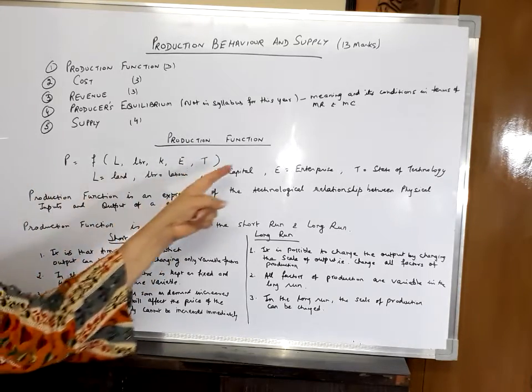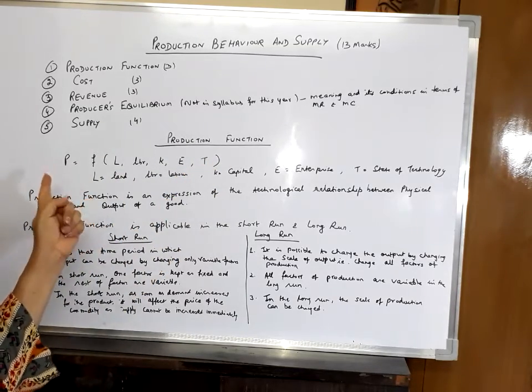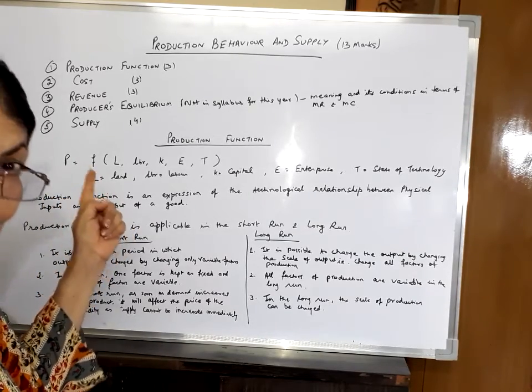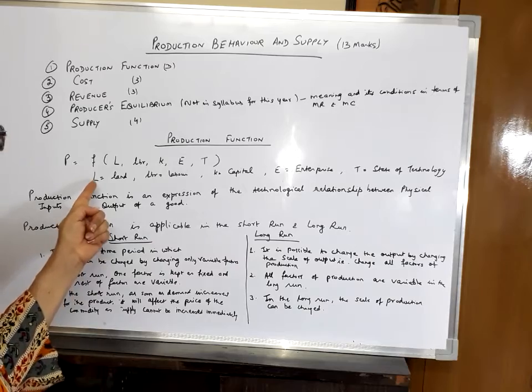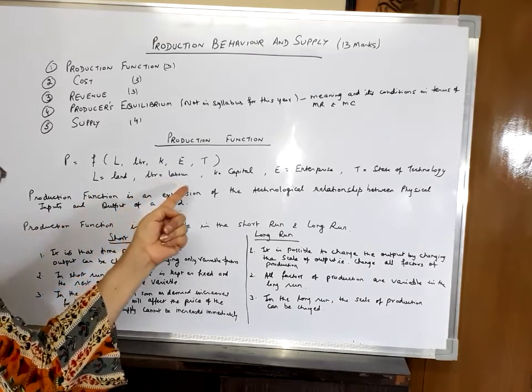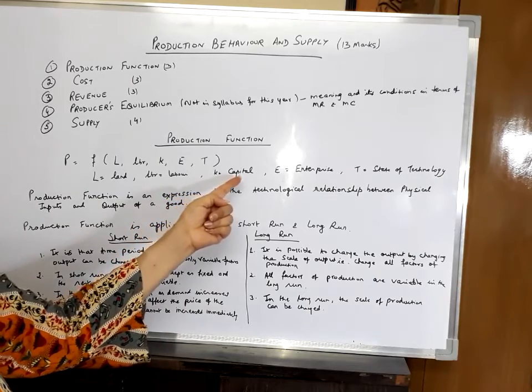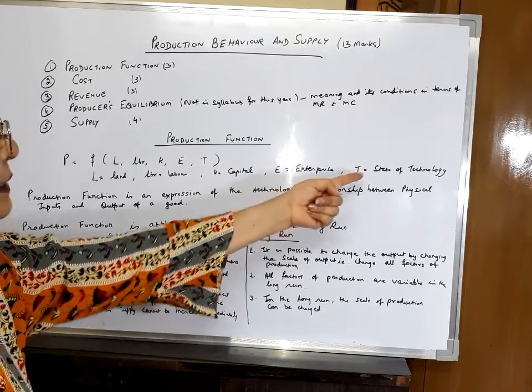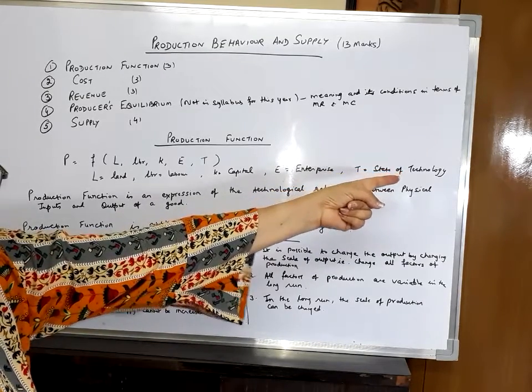This production function means that production is a function of, means dependent upon, land, which is L, LBR is labor, K is capital, E is enterprise, and T state of technology.